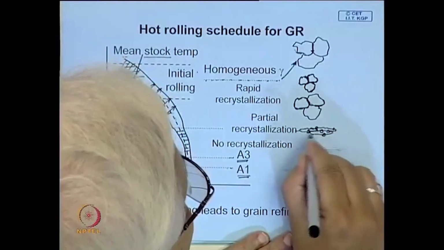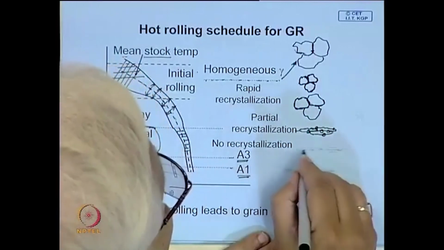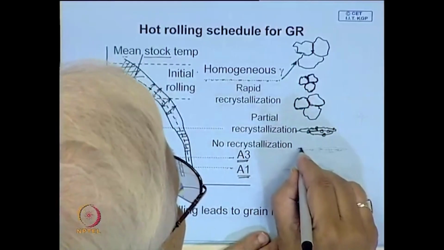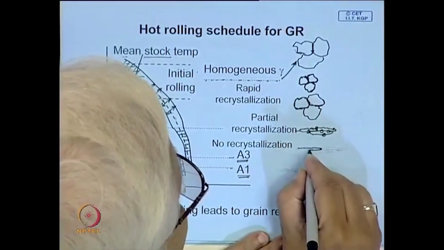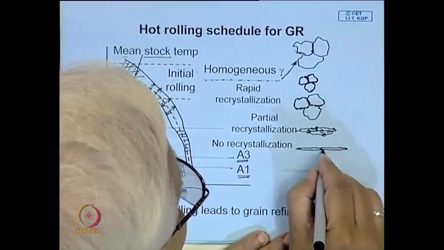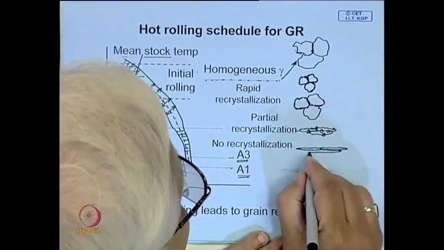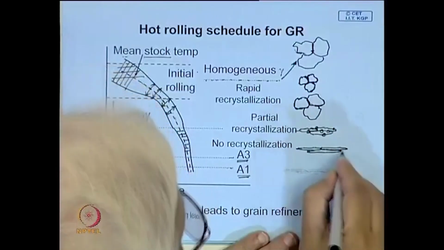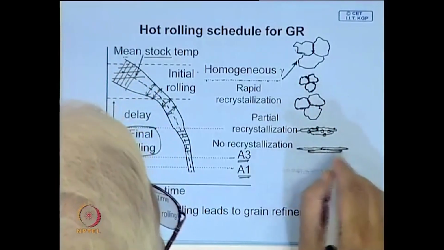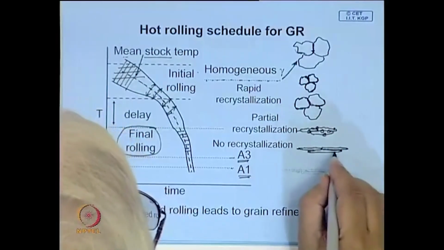Bulk of it still remains elongated, and if you continue even further, if you give even higher reduction, it is also possible not to allow any nucleation of strain free grains, that means no recrystallization is also possible.